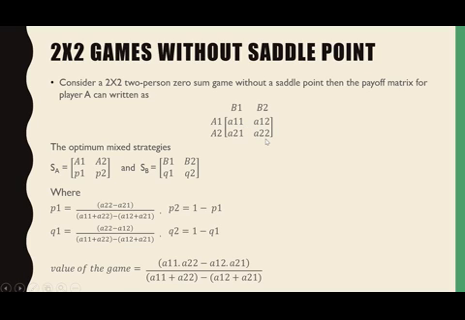A11 plus A22 is the principal diagonal, so A11 plus A22 minus A21 plus A12, the secondary diagonal. Principal diagonal sum minus secondary diagonal sum, that will be the denominator. So the numerator will be the lower row or the last row, A22 minus A21.